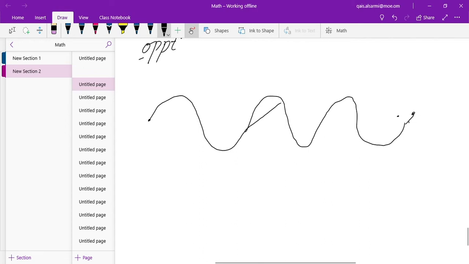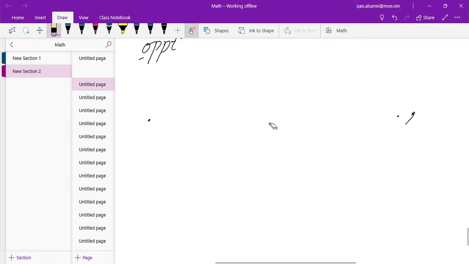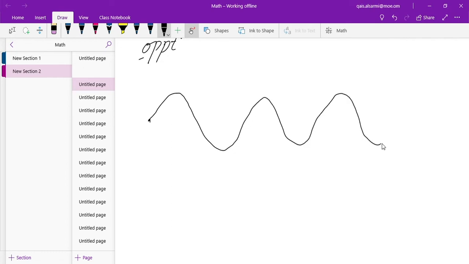Suppose that's the fixed end. Let me rub this portion and draw it again. Yeah, so the standing wave will be formed in a string in a few segments.